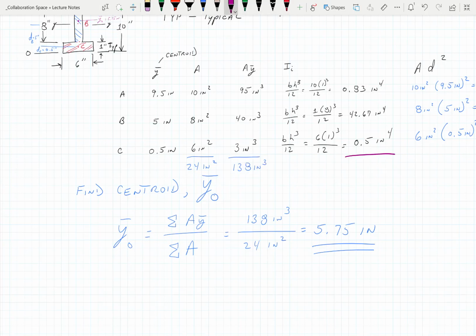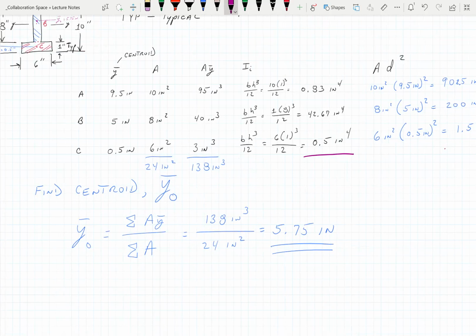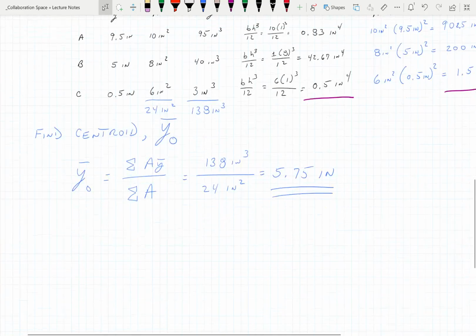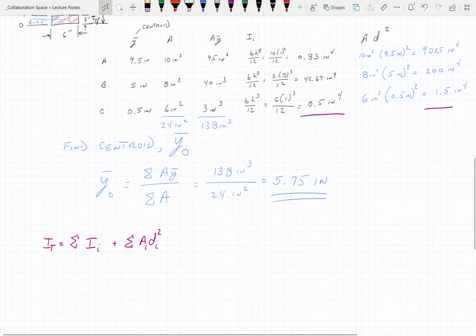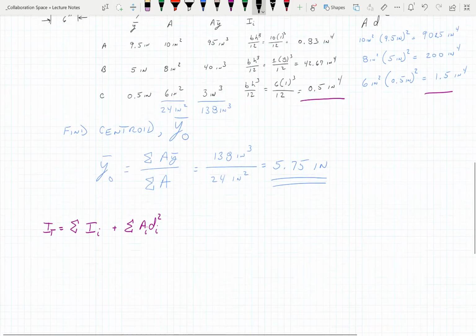So we can sum up this, and we can sum up that. So we can have a summation. I total is equal to the summation of I, the individual, plus the summation of A D squared. And the reality is, okay, that's great. You can tally that up, right? The other equation that makes everybody's life just a little bit easier is just doing this.